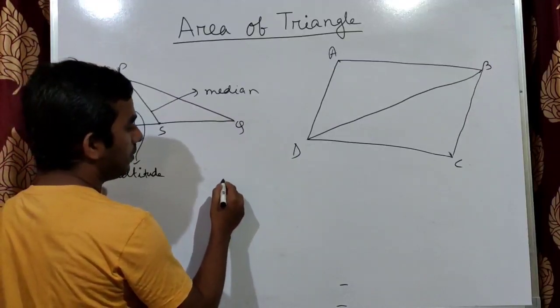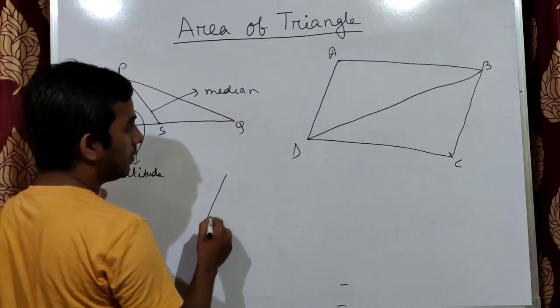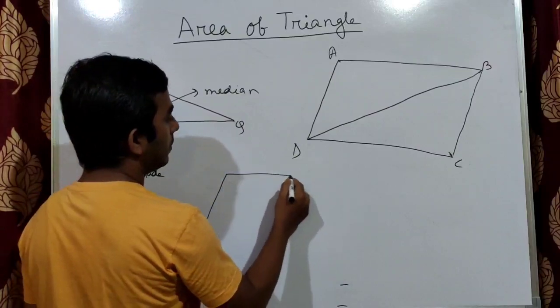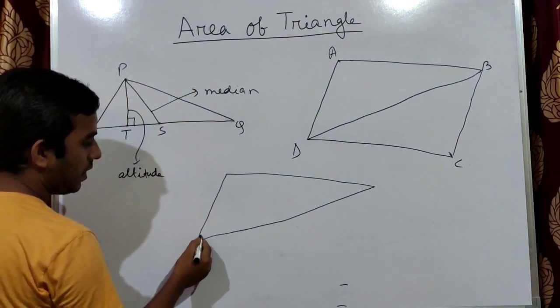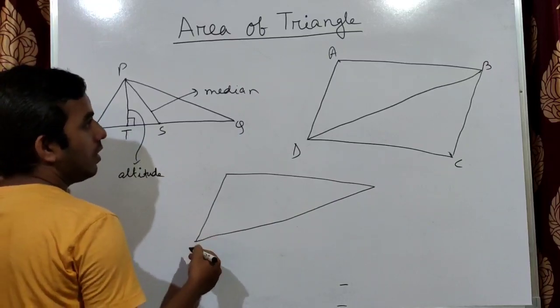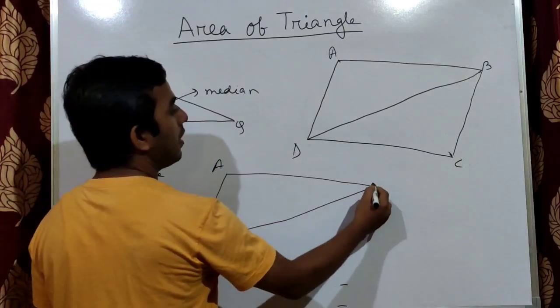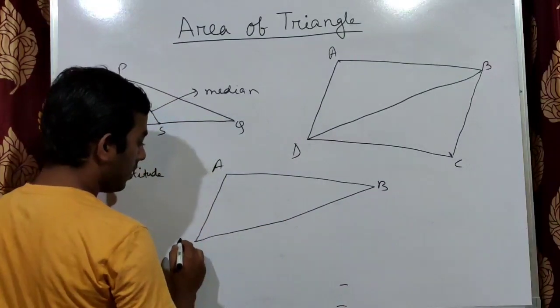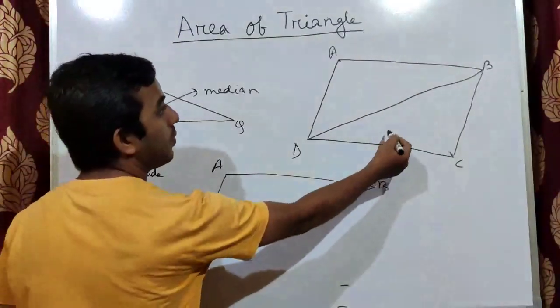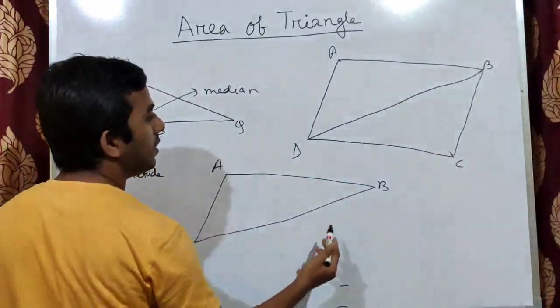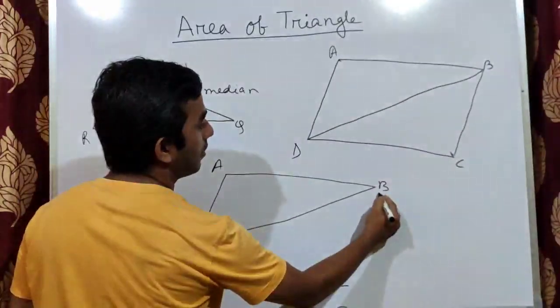Look. This part is A, B, D, and another part is this one, that is B, C, D. Let us draw this part also.